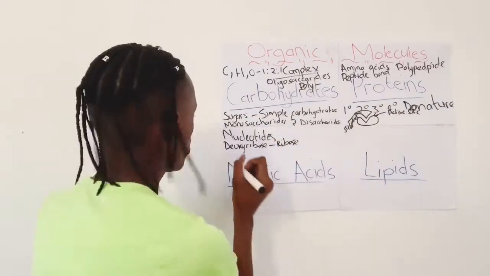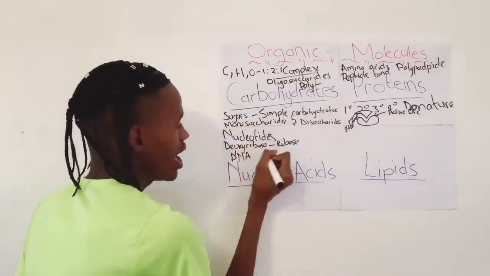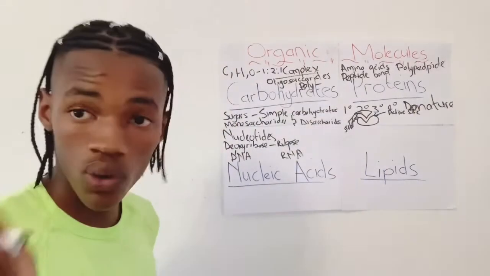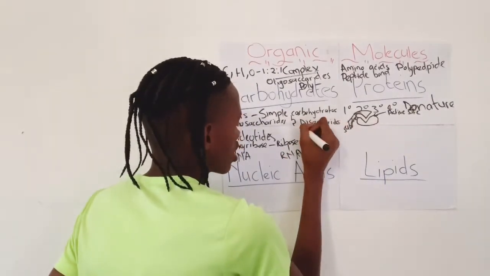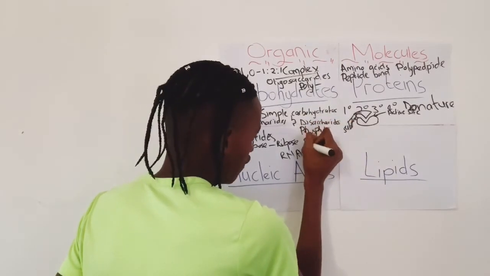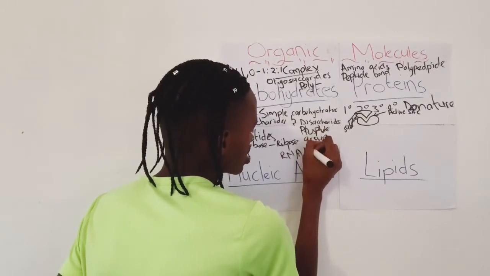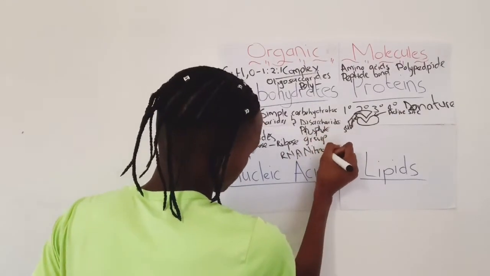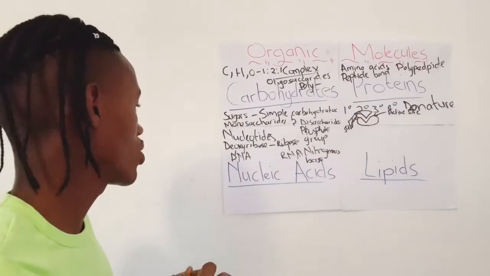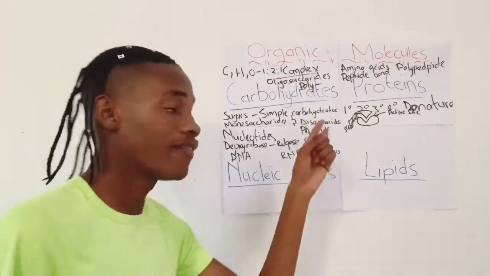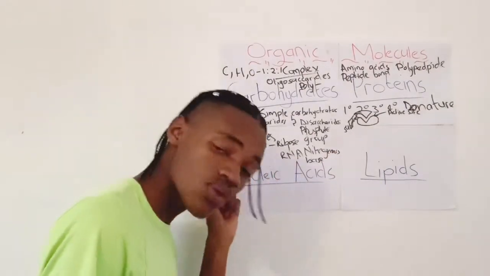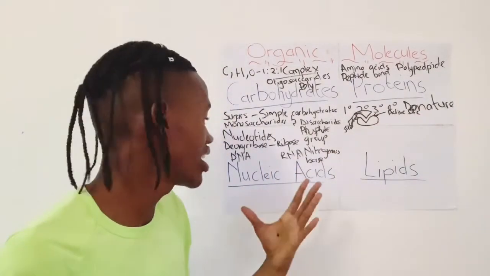A deoxyribose occurs in DNA and a ribose occurs in RNA, right? Another thing that occurs is a phosphate group and a nitrogenous base. So nucleotides are made up of a phosphate group, a nitrogenous base, and then a deoxyribose in DNA and a ribose in RNA.